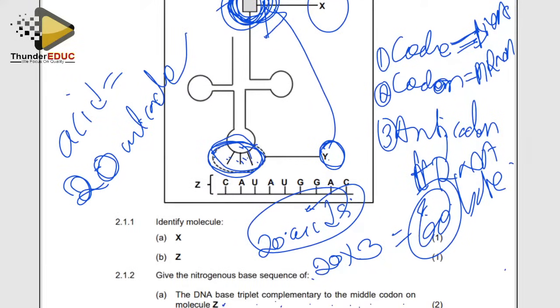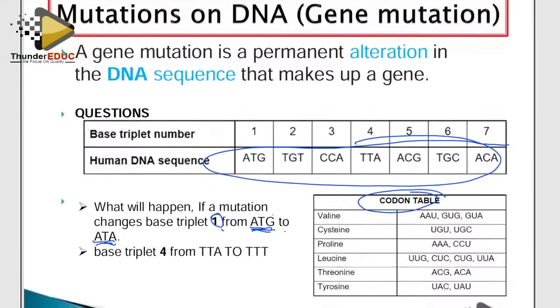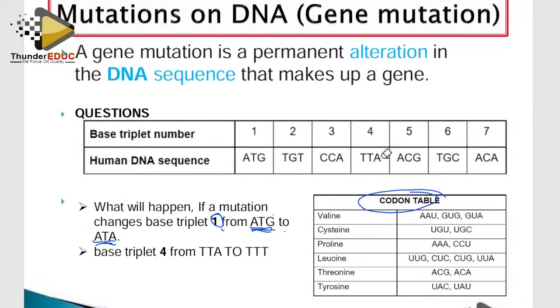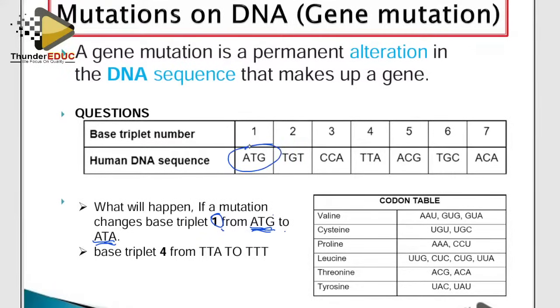Sometimes we bring these questions where they ask you this and you go off. Now, since I know that, we come back here. When they give you this table, first identify what is here and what is here. Because of the T, this is DNA. But here you have codons, meaning you can't read from here and bring it here.